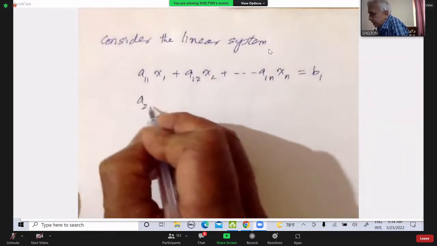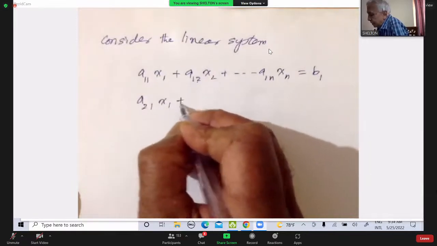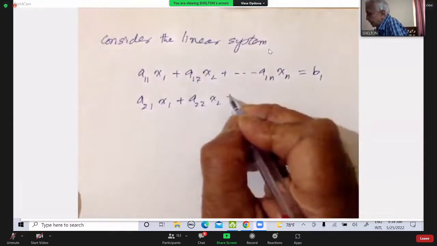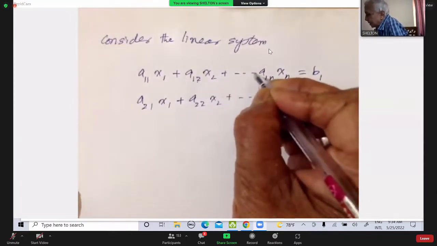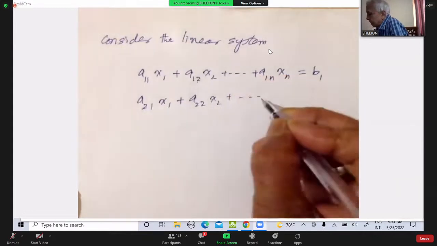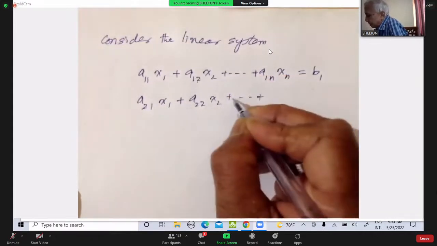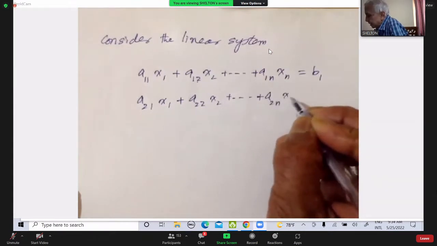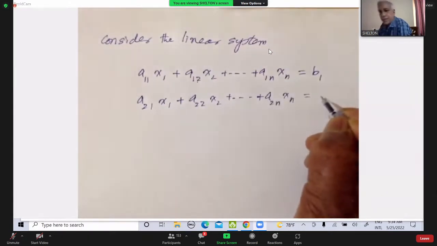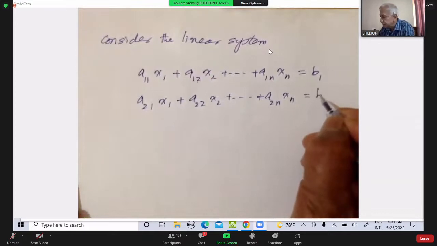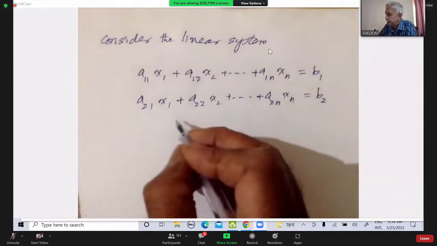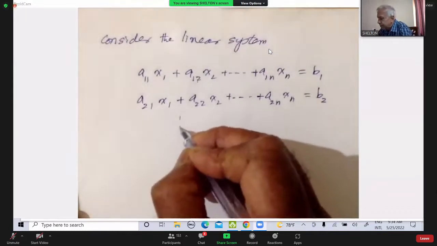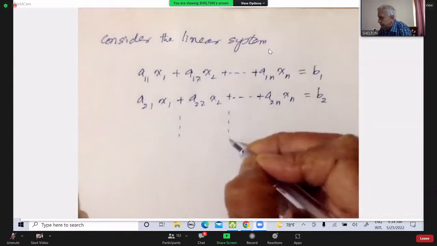Second equation, a21 x1 plus a22 x2 plus, up to a2n xn equals b2. Then without writing the ith one, we shall straight away write the mth one.